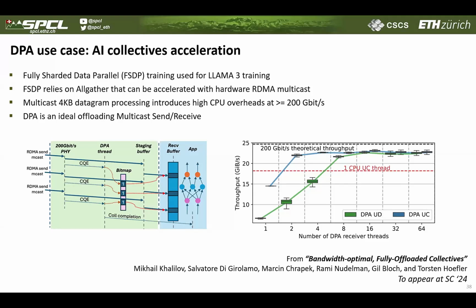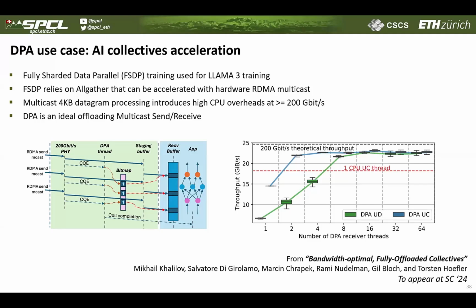And the idea is that by using the DPA for this, we can reduce the traffic for this multicast operation by 2 times when applying this multicast protocol for operations like broadcast or scatter, reduce scatter operations.